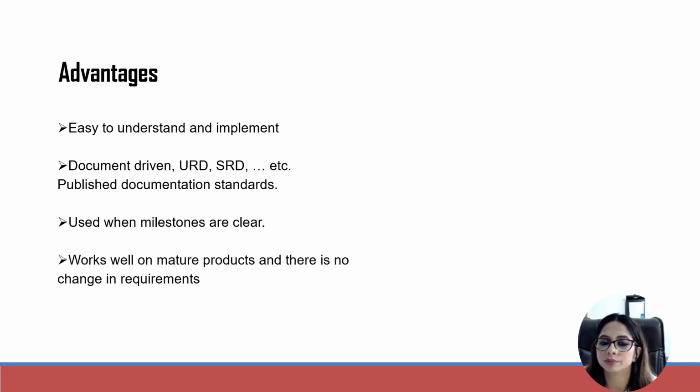Now this pointer is also very important: if your product is very matured, and there are no changes in the requirements coming up, then you can choose this model. So what is a matured product?